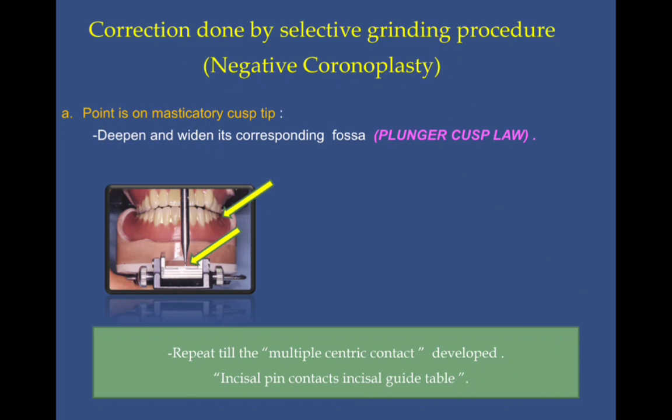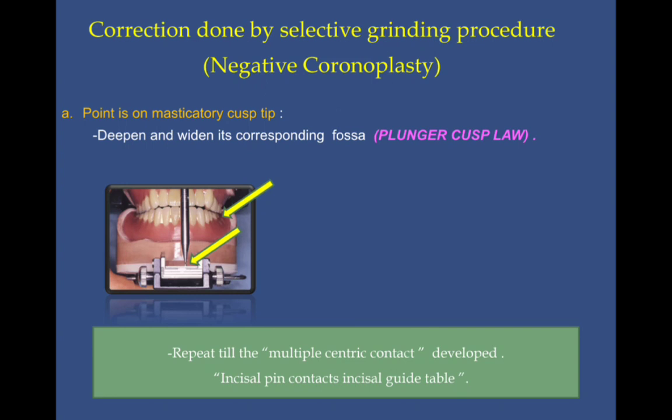For both there are some rules which you need to follow, and then only you are going to achieve this selective grinding. First we need to eliminate the centric contacts. While eliminating the centric contacts, first you are going to identify the cusps which are having a premature contact. Instead of grinding those cusps, we usually deepen the fossa, the antagonist fossa where the cusp is occluding.